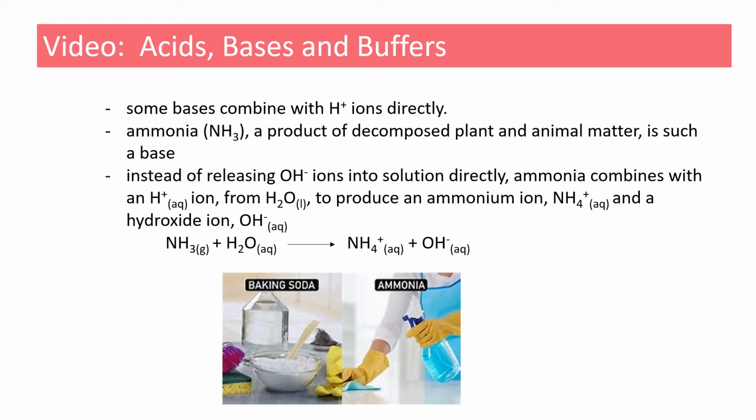Instead of releasing OH- ions into solution directly, ammonia combines with an H+ ion from the H2O to produce an ammonium ion, NH4+, and a hydroxide ion, OH-. So we get the equation NH3 + H2O produces NH4+ + OH-.